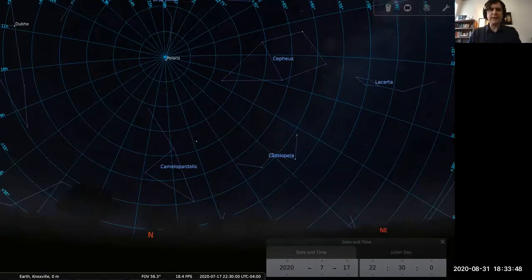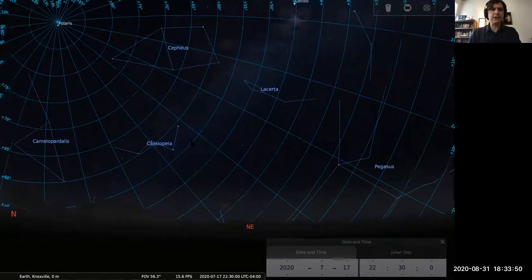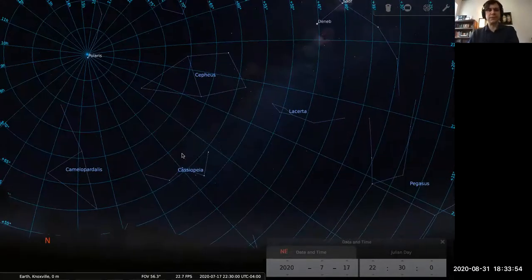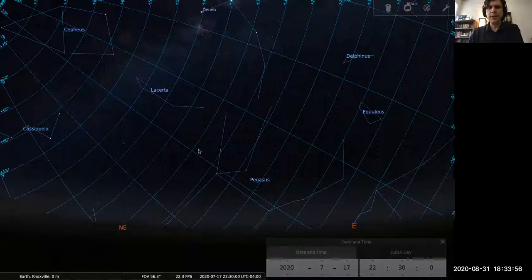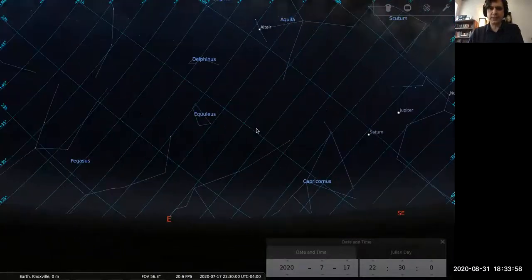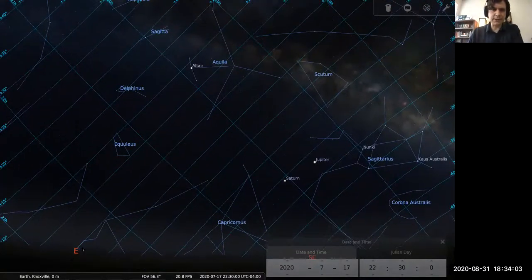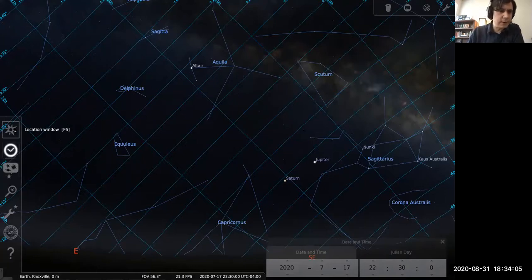Let's take a view around, and now you can start to get a sense that you're looking up towards the point of the sphere, the north celestial pole, as we look towards the south. Here would be our celestial equator. Let's go ahead and turn that on.